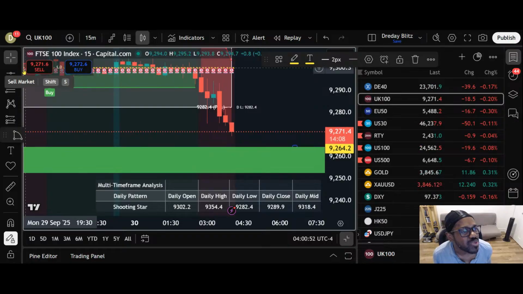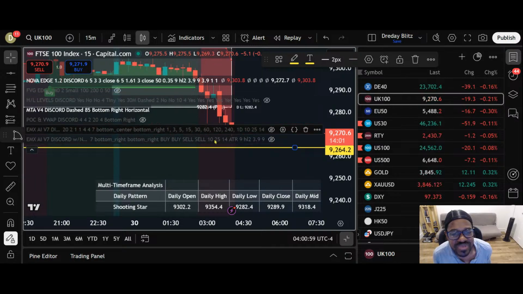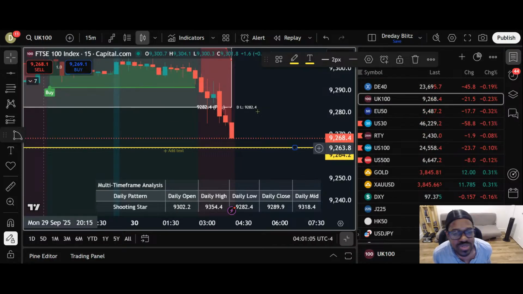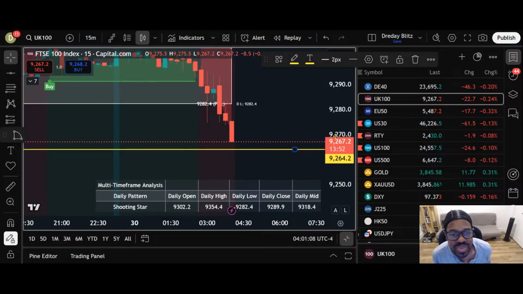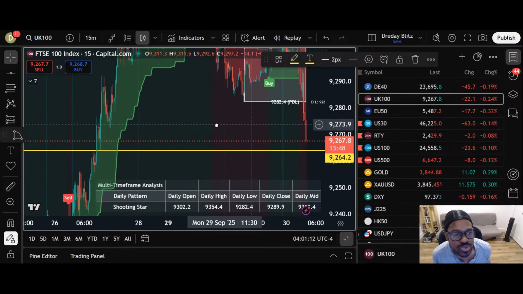So I'm going to remove the fair value gap, so we can see the clear price action here. The line that I just put would be basically the start of that 4-hour fair value gap. So it's going towards that.